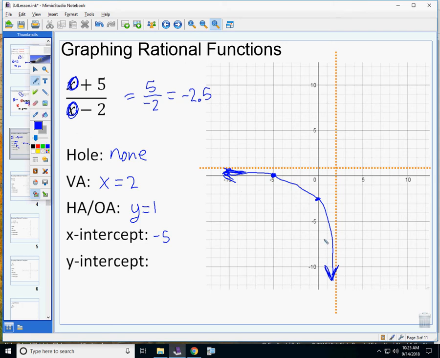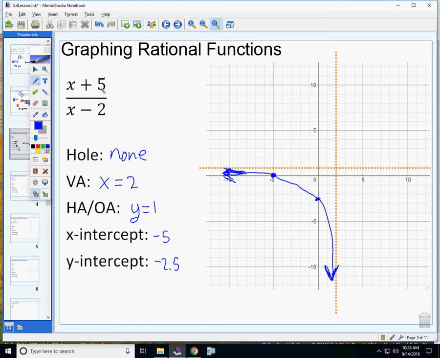Okay, now the other side of the graph, it's either in the bottom section or it's in the top section, one or the other. So to figure out which one it is, we'll start plugging in numbers, plugging in x's to our function to figure out what side of the asymptote it's on, whether it's on the top portion of this or the bottom portion of this.